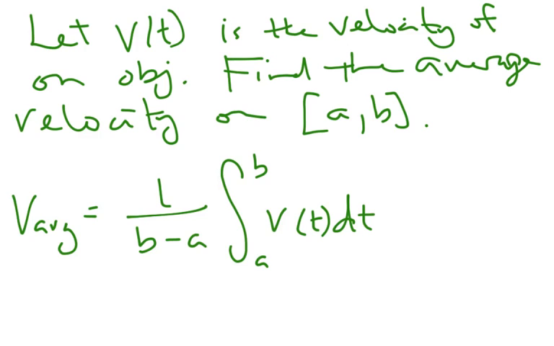Because I didn't give you a particular velocity expression, some linear, quadratic, whatever, there's nothing more that we really need to do right here, but I'm going to connect this to the idea we talked about before of average rate of change. So average velocity is this, and this is correct.